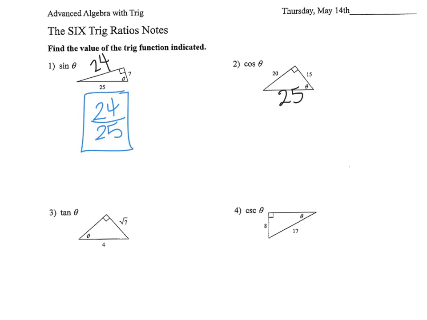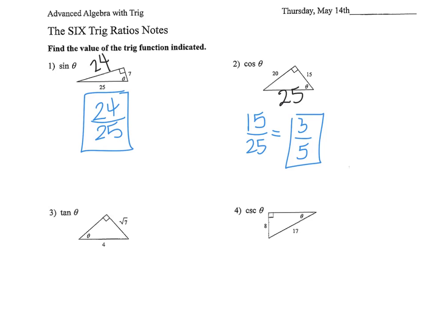And then cosine is adjacent over hypotenuse, which gives us 15 over 25, but this time it does reduce, and we need to divide both the numerator and denominator by 5 and make it 3/5.